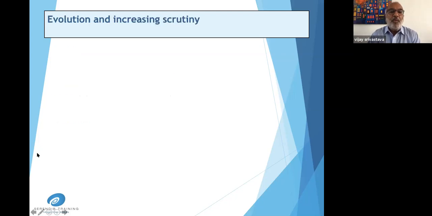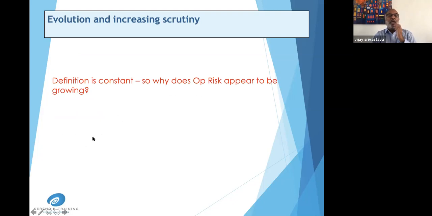So I think this was a discussion we've already had, thanks to your question earlier, Ganesh: the definition is constant. It's PPSE, and it has been PPSE. Why does it appear to be growing all the time? It's what I call the non-financial risk balloon. This balloon has been there in the background, but it hasn't been visible.